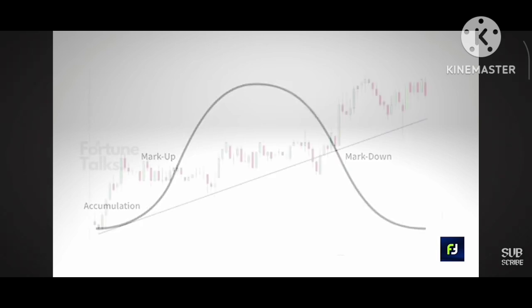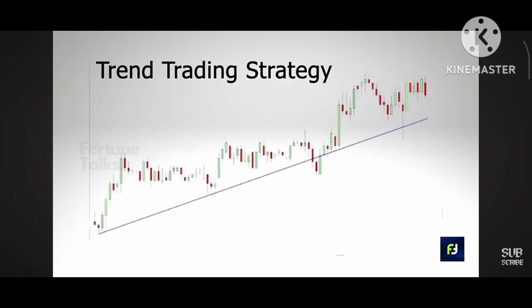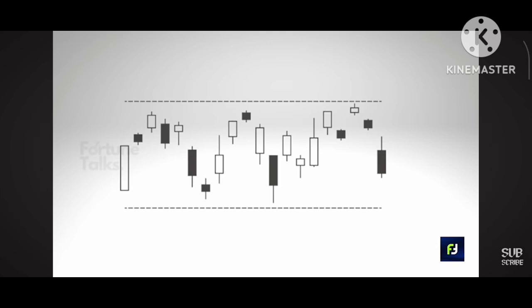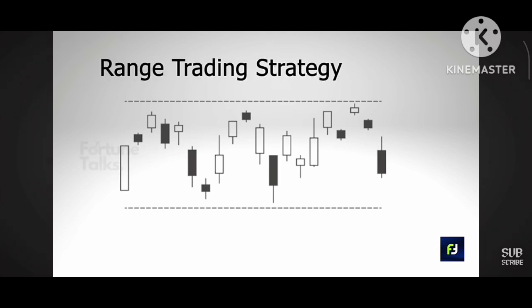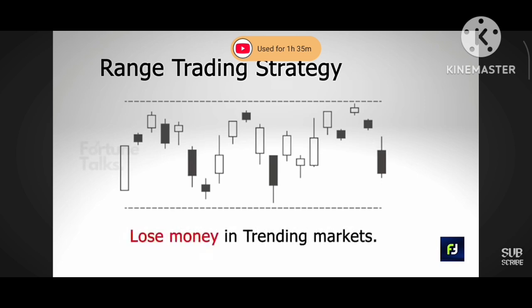This simply means that if you are using a trend trading strategy today and you continue to do that, then at some point you will lose money in range markets. And similarly, if you are using a range trading strategy and continue using it for a while, at some point you will end up losing money in trending markets.